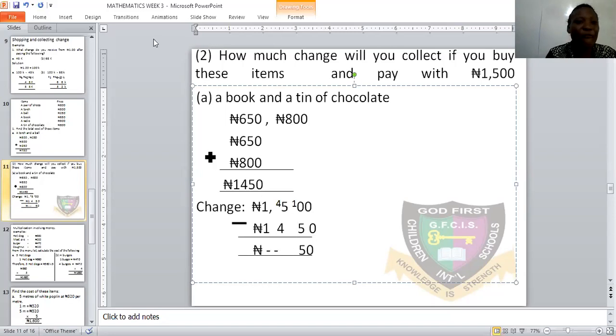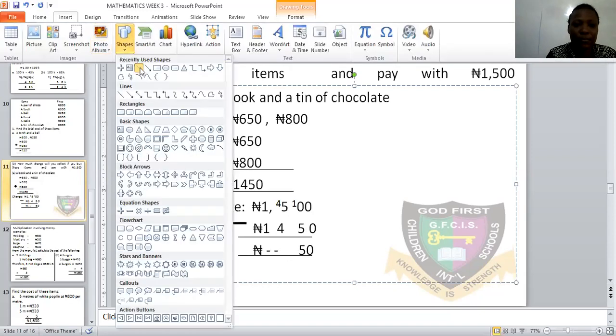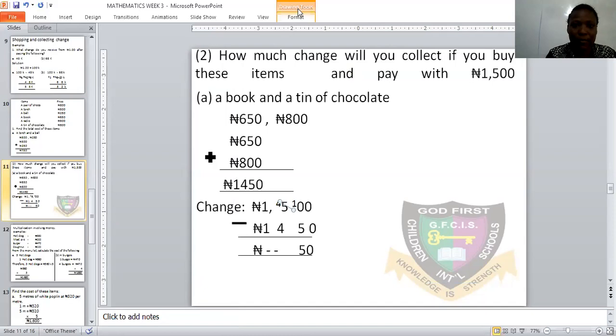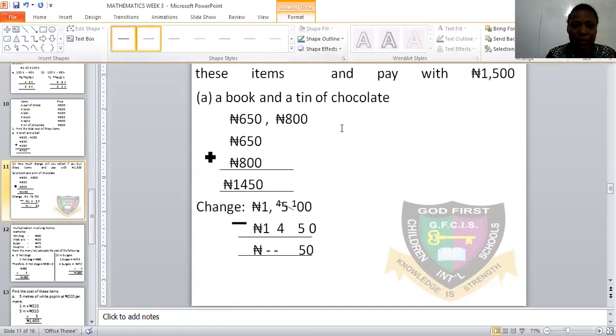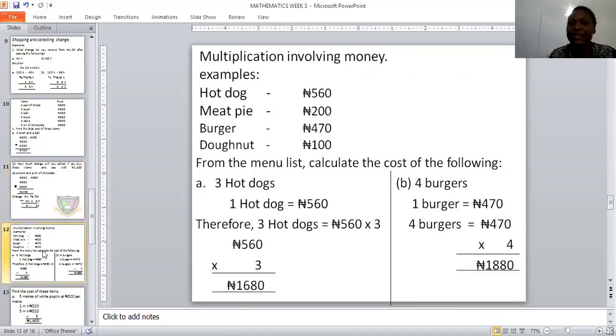The 5 is now 4. 4 take away 4 will give us nothing. And 1 take away 1 will give us nothing. So the change I'm to collect is 50 naira.